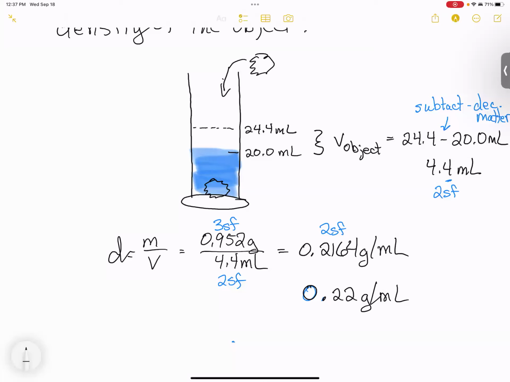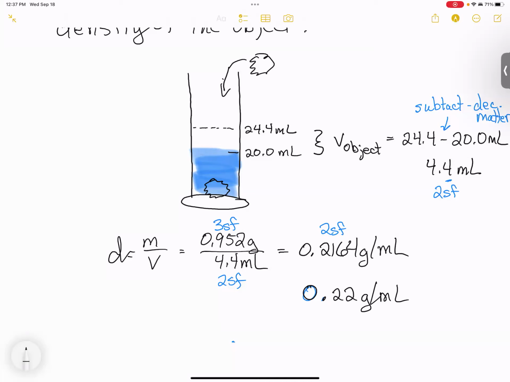But once you have the volume, then density is not hard. Density is mass over volume. You always use that formula to get the density of the object.